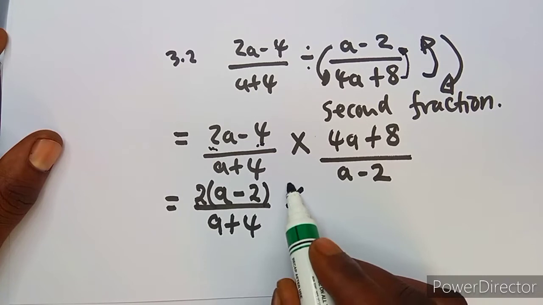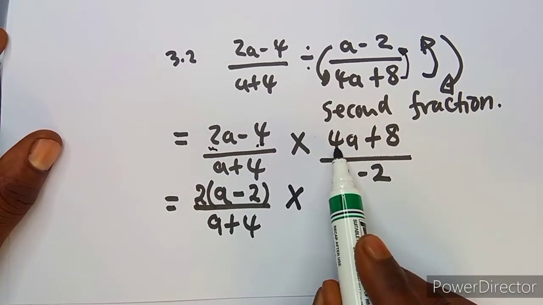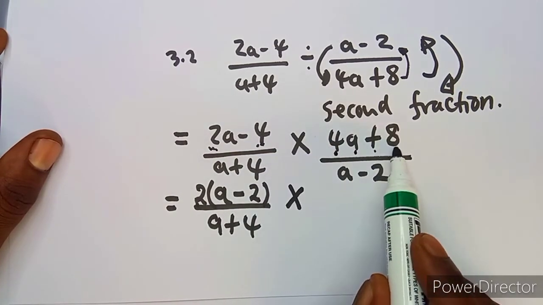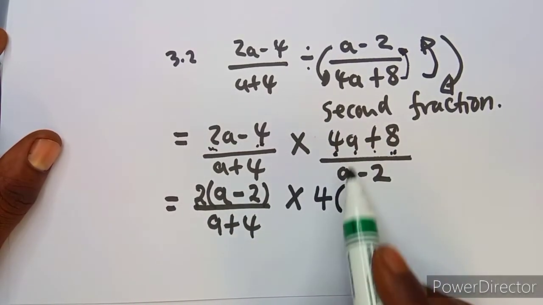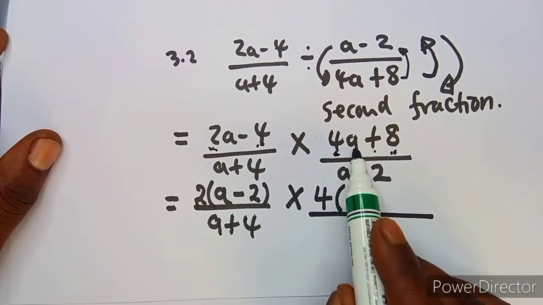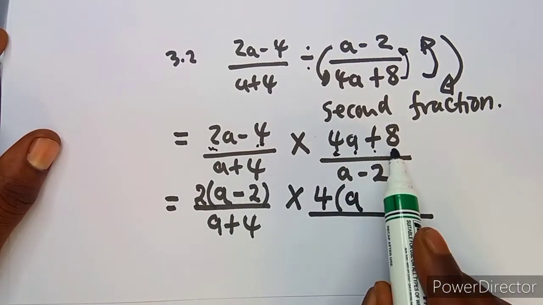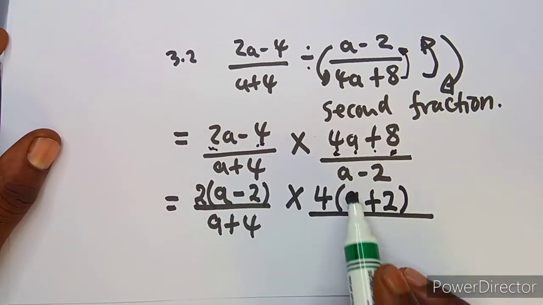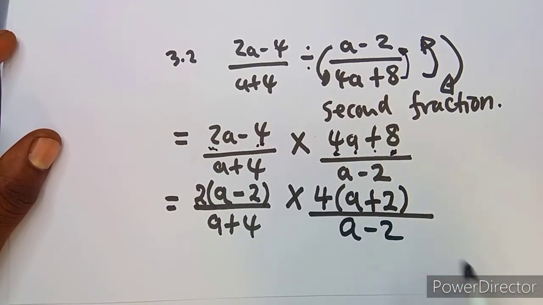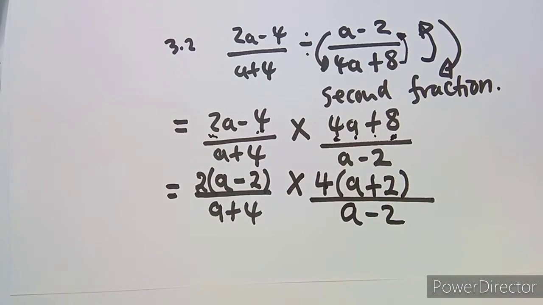Multiplied by, I've got 4a plus 8, and 4 is common, so I can factor out 4. What am I going to remain with? 4a divided by 4, you remain with a. 8 divided by 4 is 2. Everything over a minus 2, there's nothing I can do, just rewriting as it is.